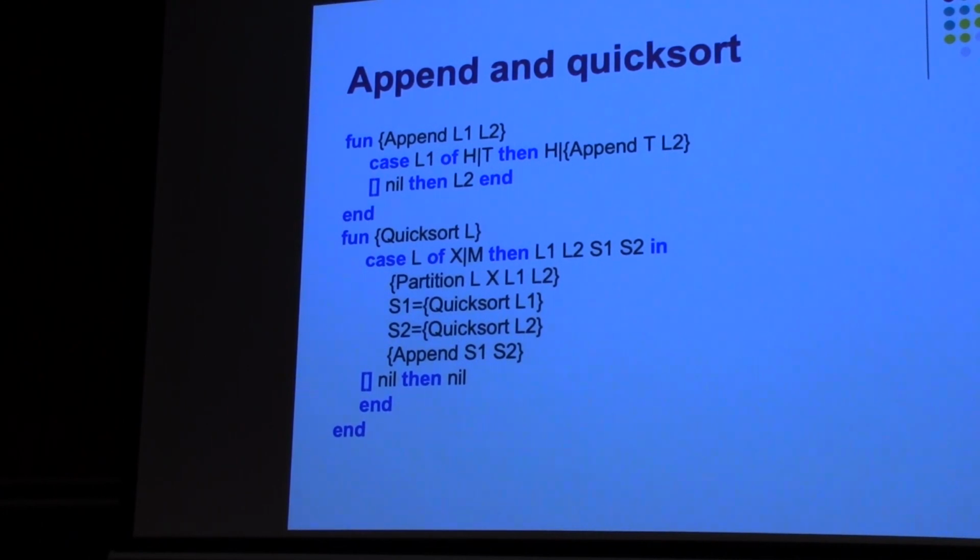Yes? In this case, if the split isn't exactly at the middle every time, then maybe L1 will be bigger than L2 or the other way around. Well, that's okay. L1 can be bigger than L2. They will probably not be exactly the same size.